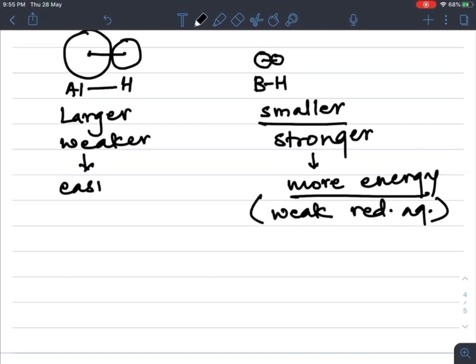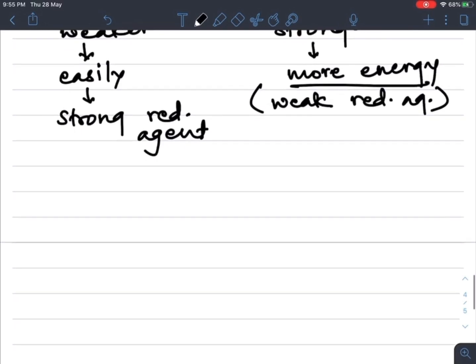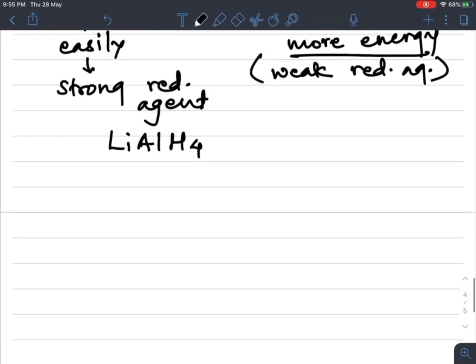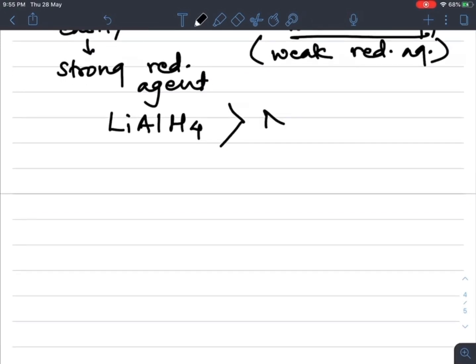So it requires less energy and acts as a strong reducing agent as compared to NaBH4. So LiAlH4 is a stronger reducing agent than sodium borohydride NaBH4. Okay, understand?